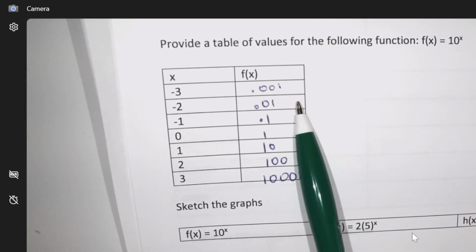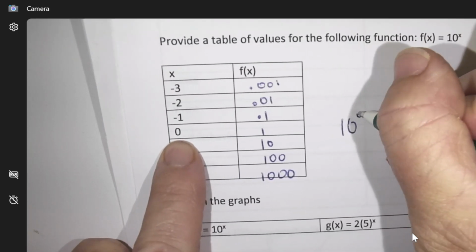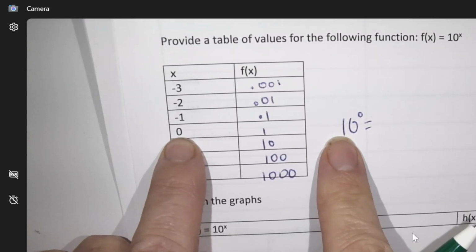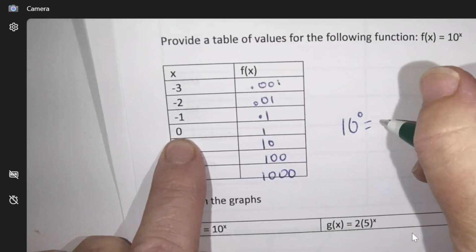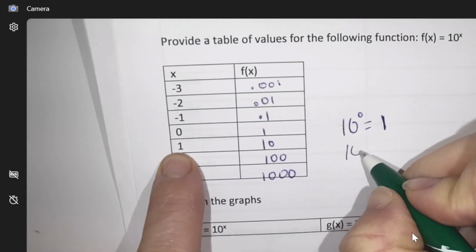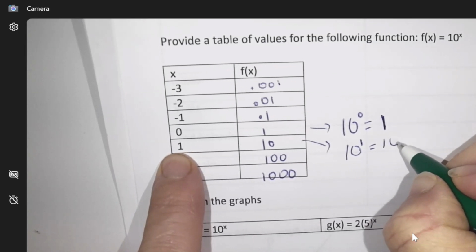Okay, do you know how these numbers are getting like that? So for instance, 10 to the 0 is, do you know what exponent 0 does? 1, right? If x was 1, 10 to the 1 is 10.